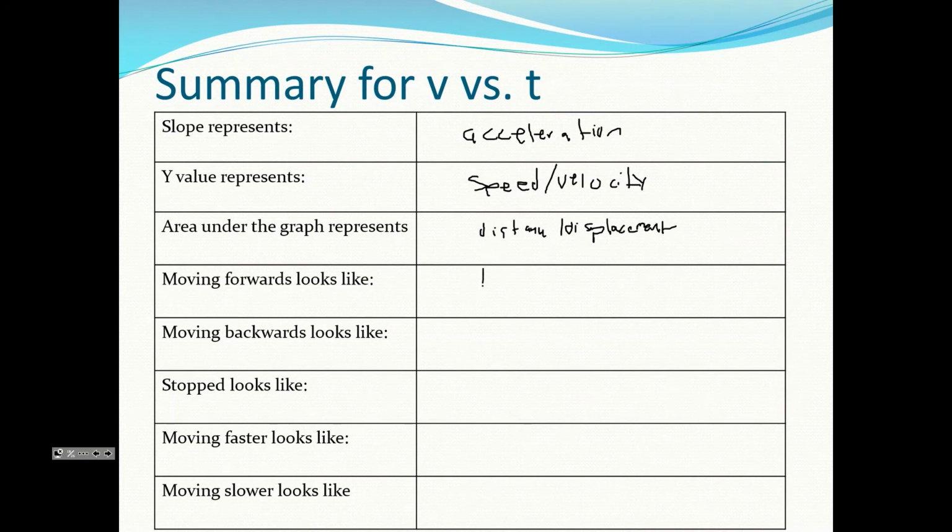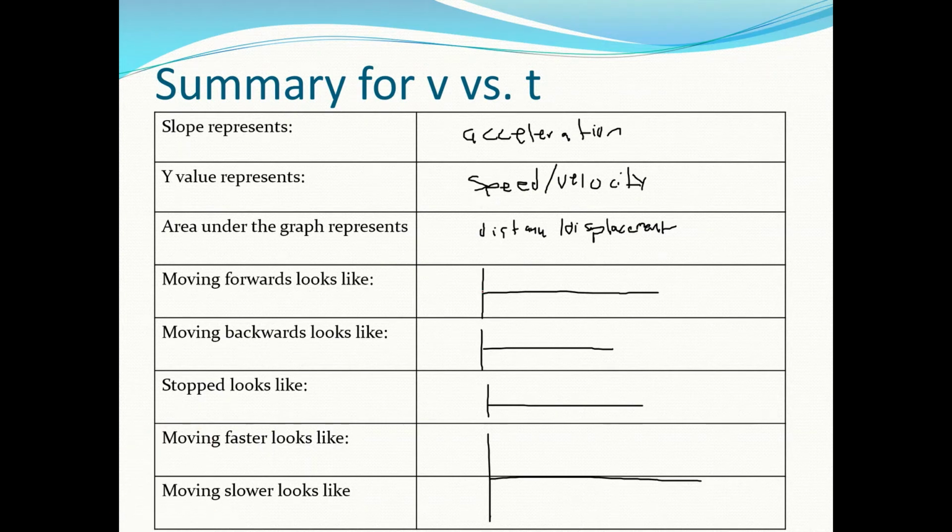Moving forward, let's draw a little graph here, and let's draw a little graph here, and let's draw a little graph here. And then we'll draw one graph to sort of compare slower and faster, and I'll switch my color. So moving forwards means you're up here, which is above x-axis.